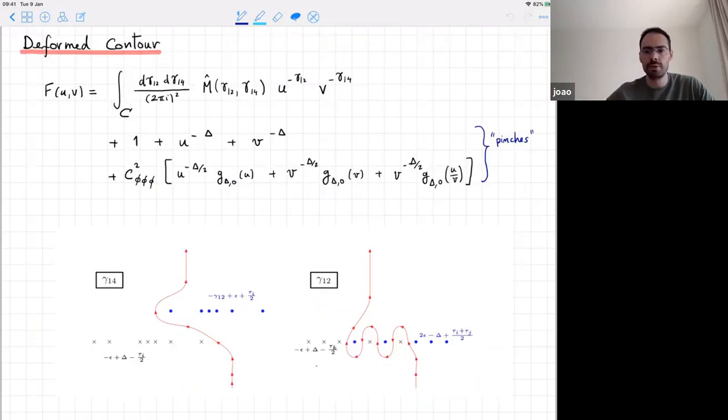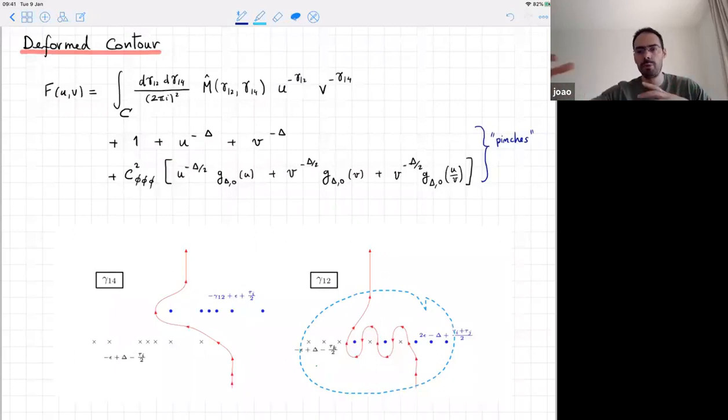It winds around like shown in this picture, so that it always passes on the right side of the pole. Like that, you need fewer subtractions. You only need subtractions if the poles of different K functions fall exactly on top of each other, and then you cannot split them with this deformed contour.